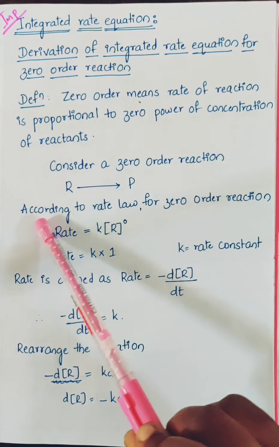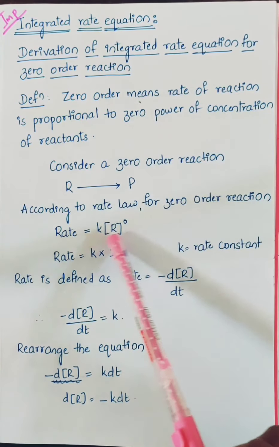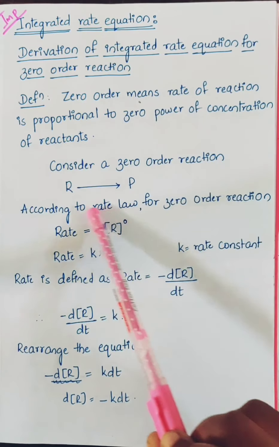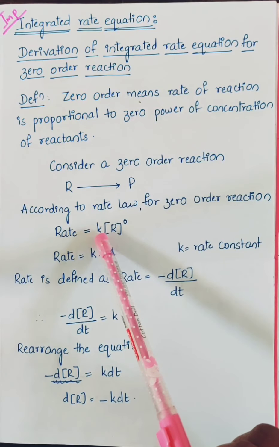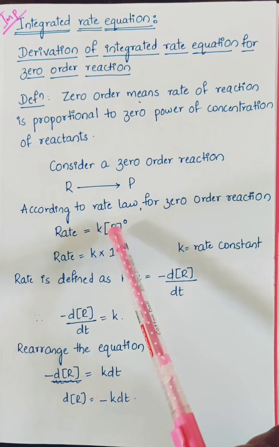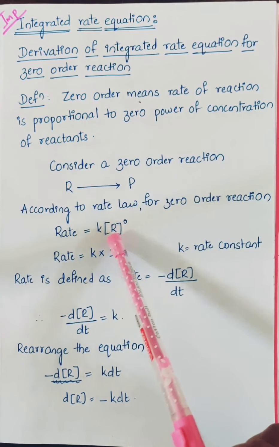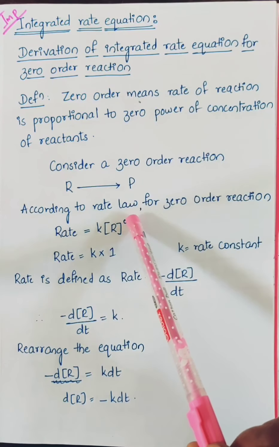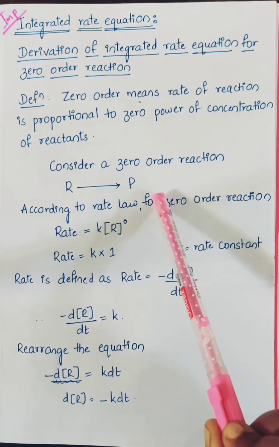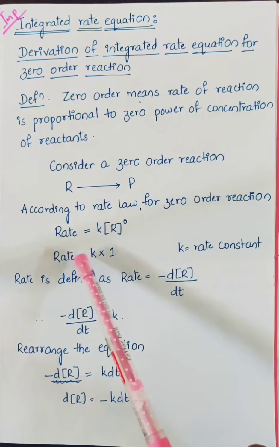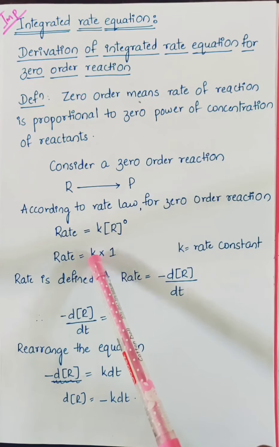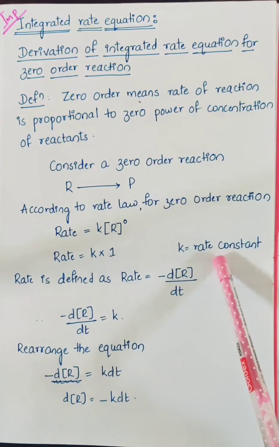Anything raised to 0 is equal to 1, so rate is equal to K. K here is nothing but the rate constant.